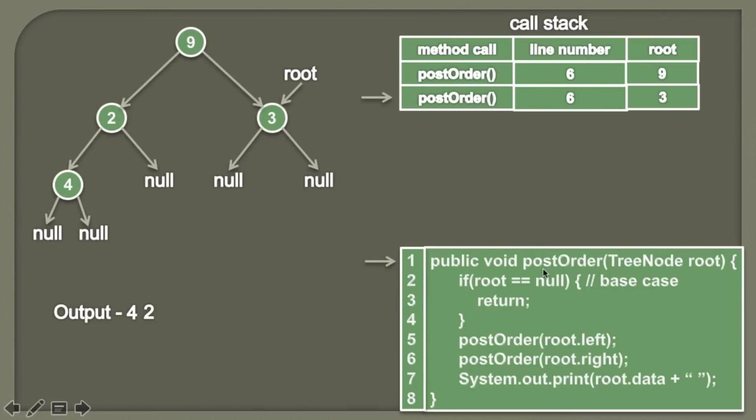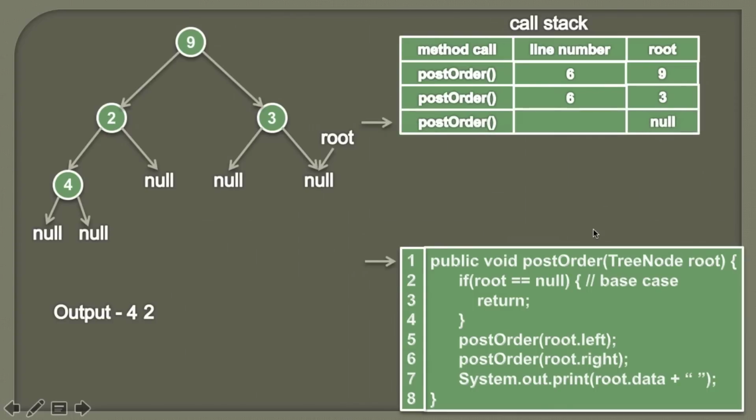So now point of execution will start the execution of this new post order method with the root as null. So root is pointing to node 3, now it will point to null. And we also know that there will be one more method on the call stack with the root as null. So let's start the execution of this post order method with the root as null.